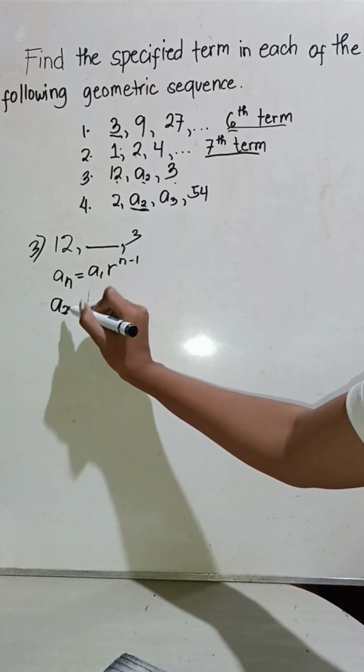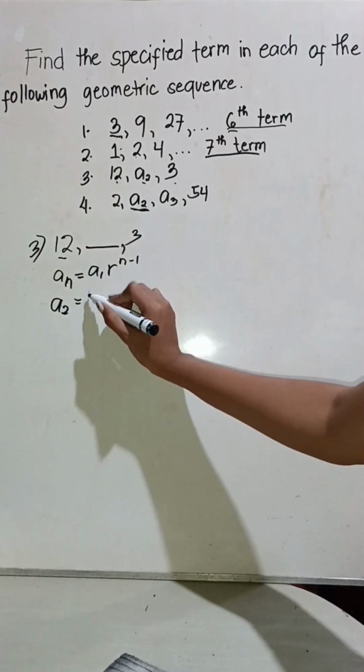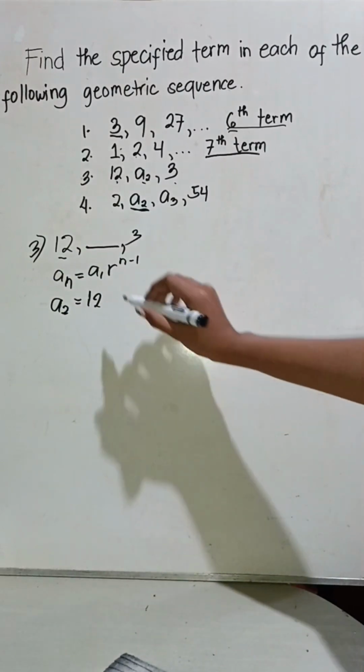Finding the second term, a sub 2 is equal to a sub 1, which is 12. So 12. Then the r.